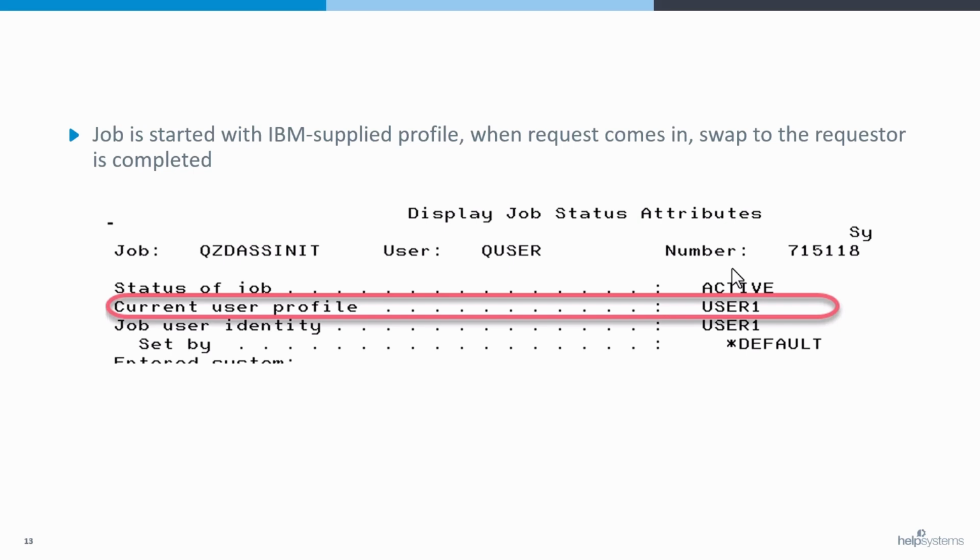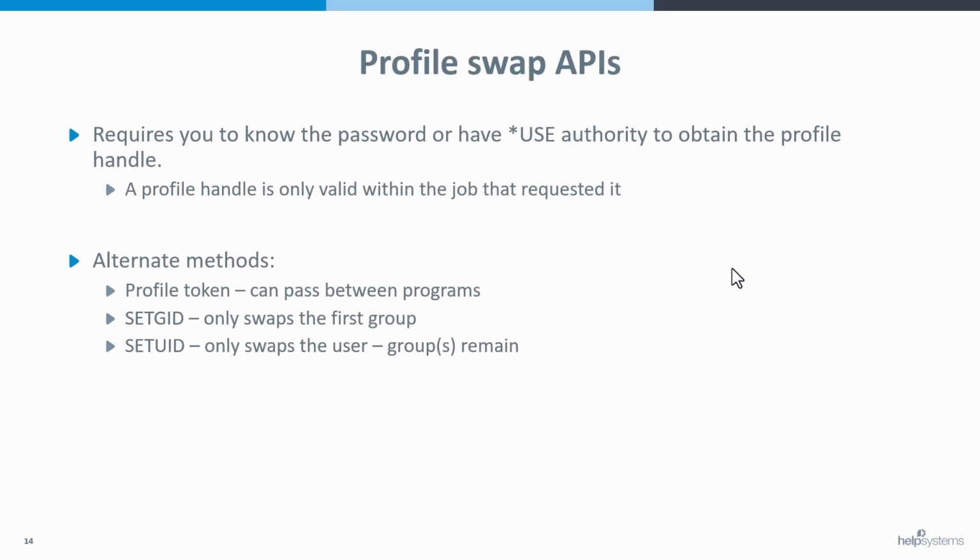Some of the things that will happen when you swap those profiles, and there's requirements to be able to swap those profiles depending on the API that's used. So some of that is the password must be known, or you have to have use authority to the user profile that you're swapping into. This API can create a profile handle.